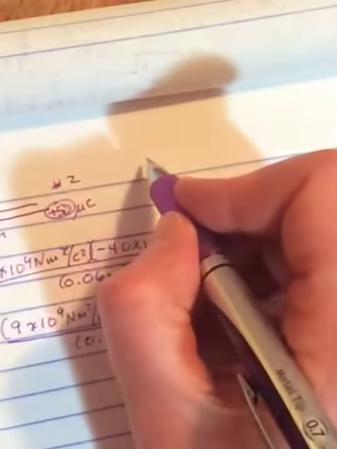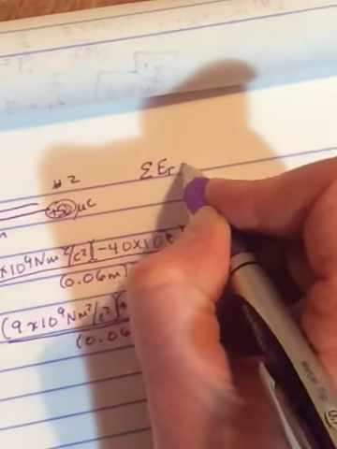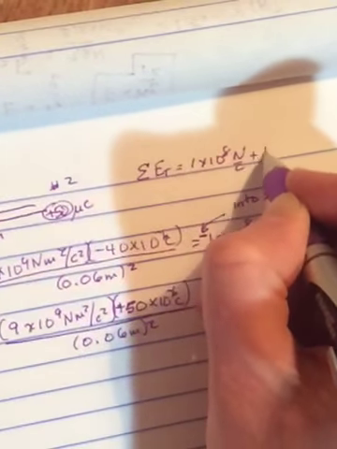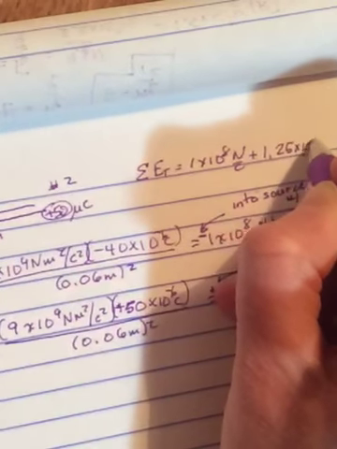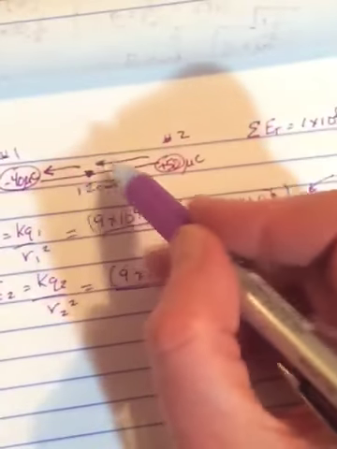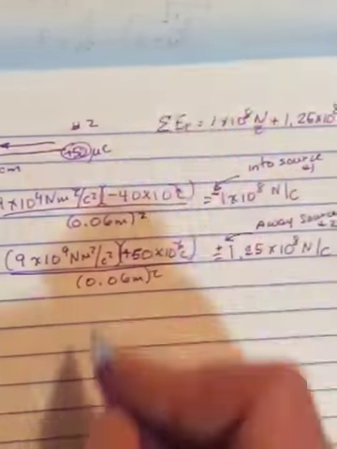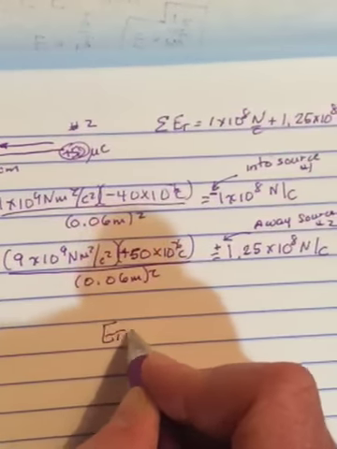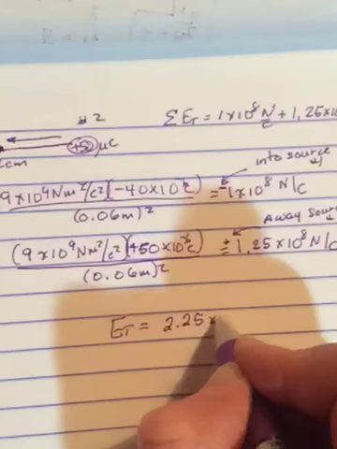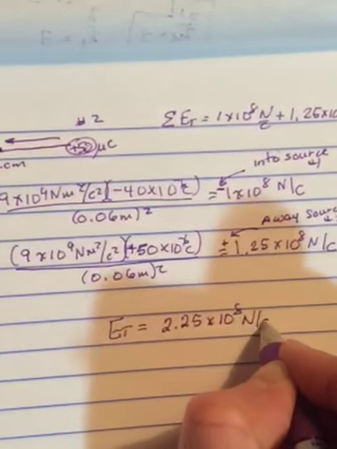They're going the same way. So the total field will just be equal to 1 times 10 to the 8th plus 1.25 times 10 to the 8th newtons per coulomb. Notice that I dropped the negative because the negative was just telling us our direction. And so once I looked after my direction, they're both pointing the same way. So to get the resultant, we add them together. So the total field at the midpoint will be 2.25 times 10 to the 8th newtons per coulomb.